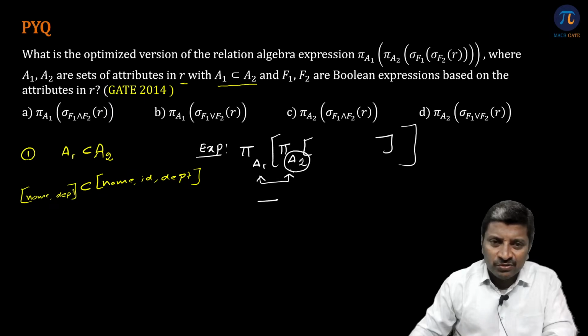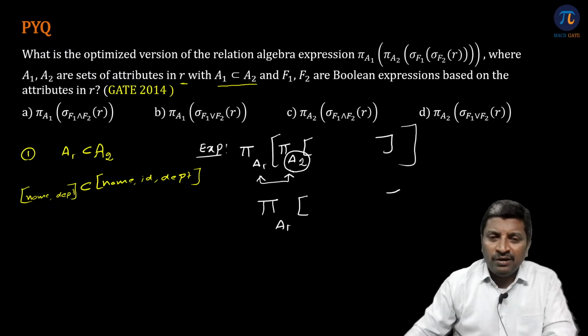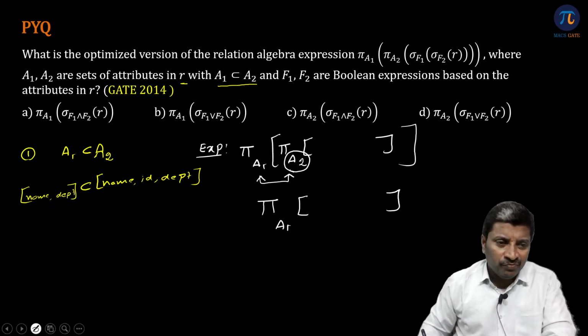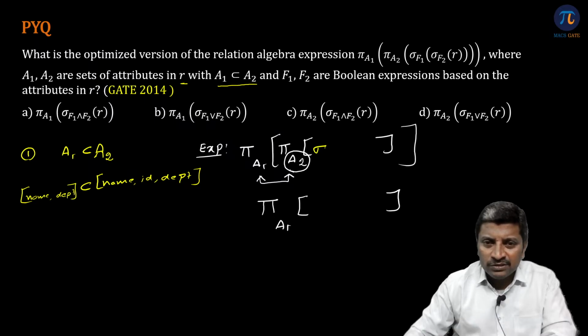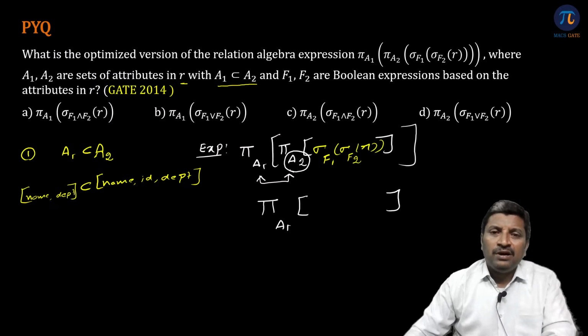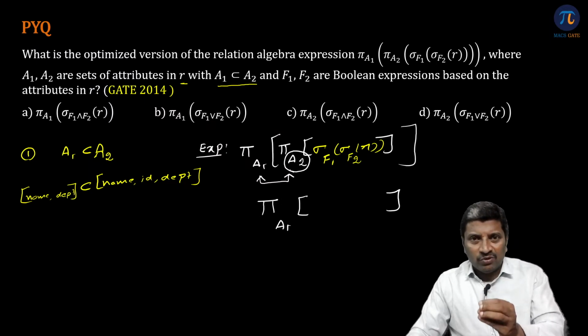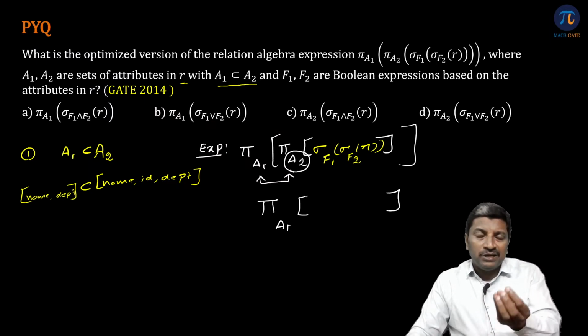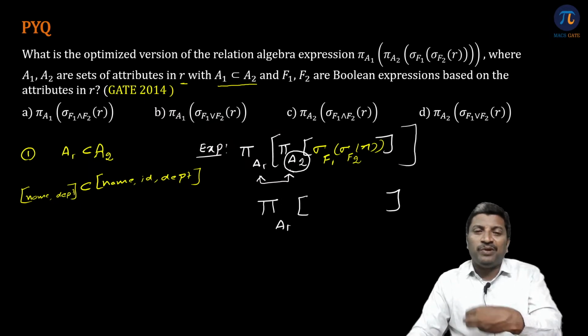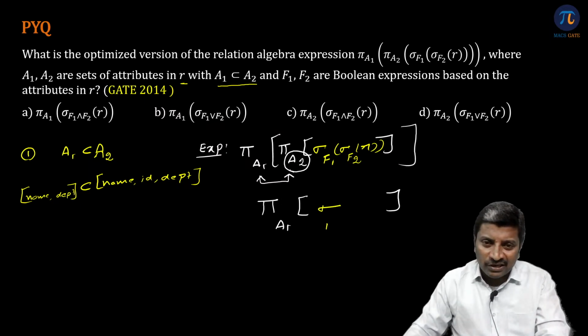Just now we have discussed. So instead of this one, directly you can select pi of A1. Then in the bracket, what do you have, sir? Sigma of F1, sigma of F2 of R. Now look at this. These are the two conditions, condition 1 and condition 2. Instead of announcing two conditions separately, I can announce in a single statement like department and name, or department and gender. So that means I can write F1 and F2.